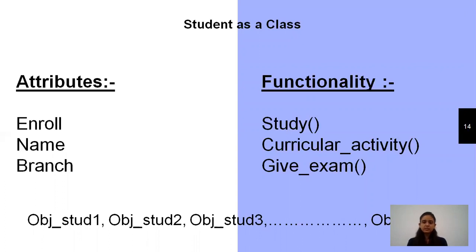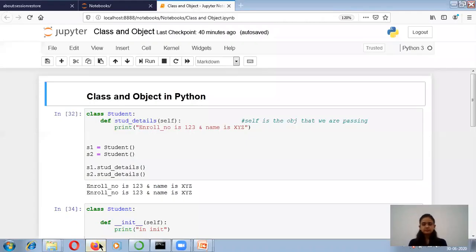In that you will again study what is class, what is object, and what is constructor. But over here we are using the concept of class and object, so I am explaining the concept related to the class and object. So let's see how to create a class and object in Python.